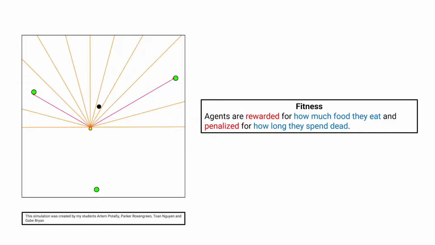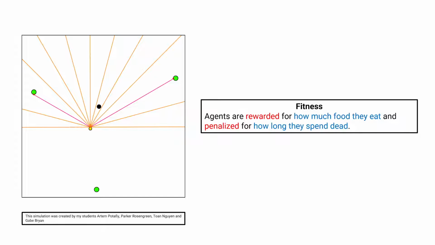That's a more general term because they can die in two ways, either by not eating enough food and running out of energy, or by running into one of the walls, which is more common later on because once they learn a little bit how to get food, they usually can maintain their energy levels. It then becomes about how much food they can find, but avoiding the walls is an ongoing problem that they have to learn to do.